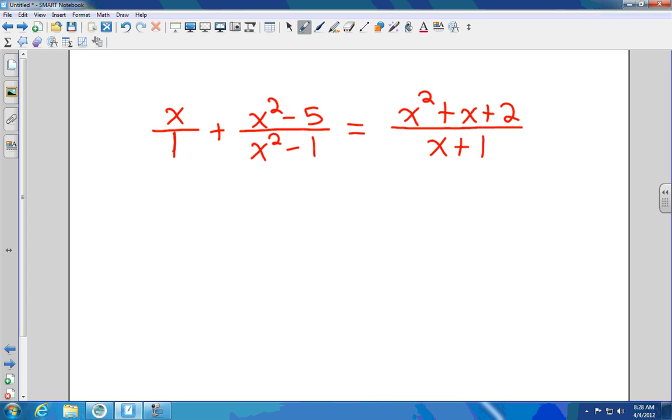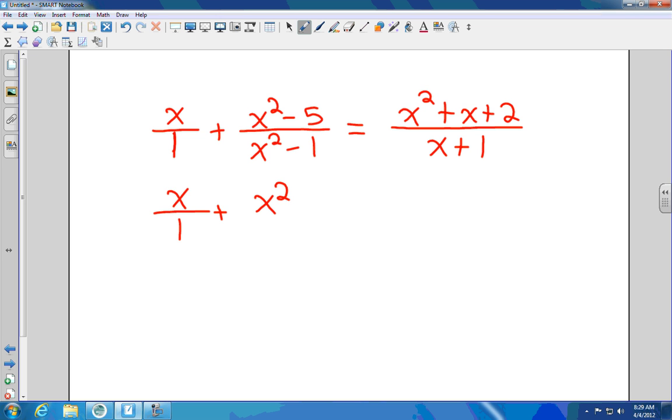So again, just like the last problem, you have to look at all the denominators and see if they are factored. So as your first denominator, it's a 1. Obviously, that is. What about this one? Is this factored? Is there anything you can do to that one? Right, that's difference of squares. So if you were doing this problem for homework, you could either cross that off and put x minus 1 and x plus 1 underneath it, or go through and rewrite it.